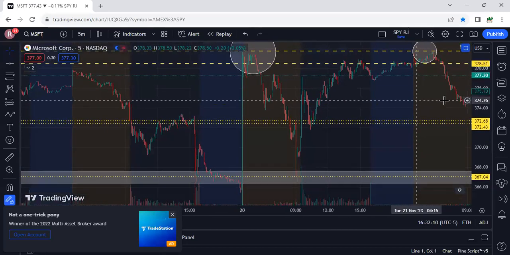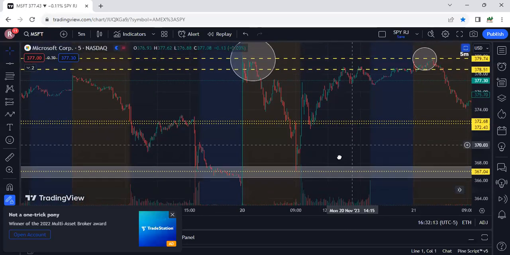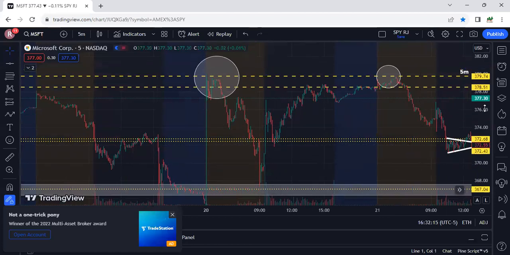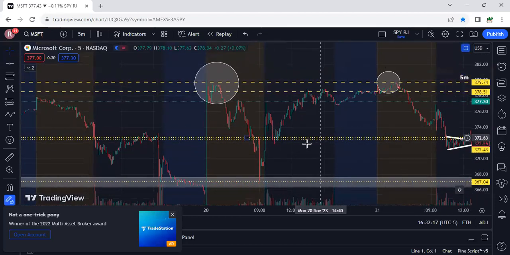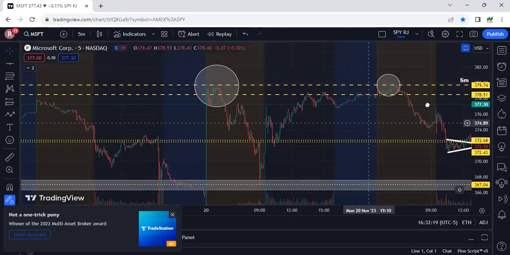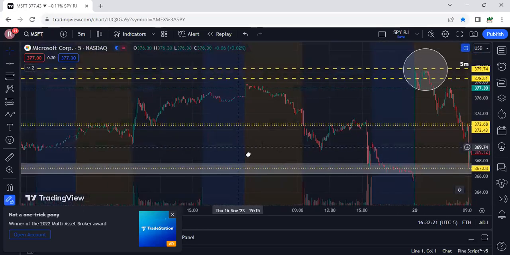Can't find it right now, but we traded Microsoft last week. I think it was last Wednesday or last Thursday, and it was an amazing example of this break and retest. I can't see where we was at here.